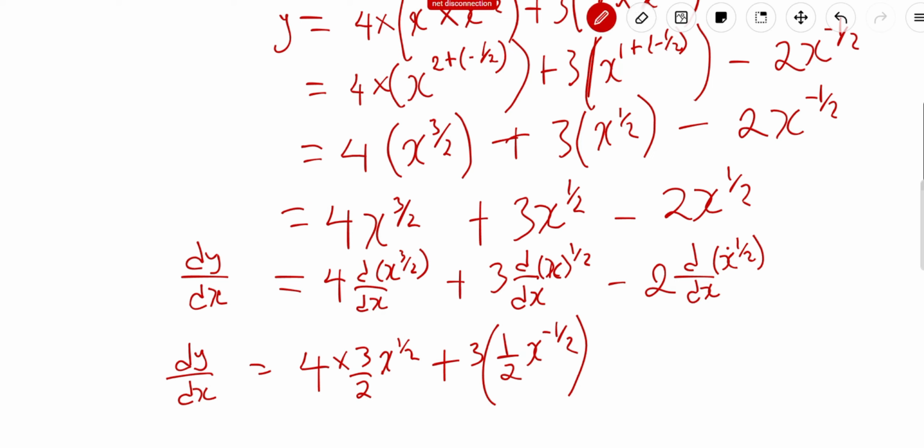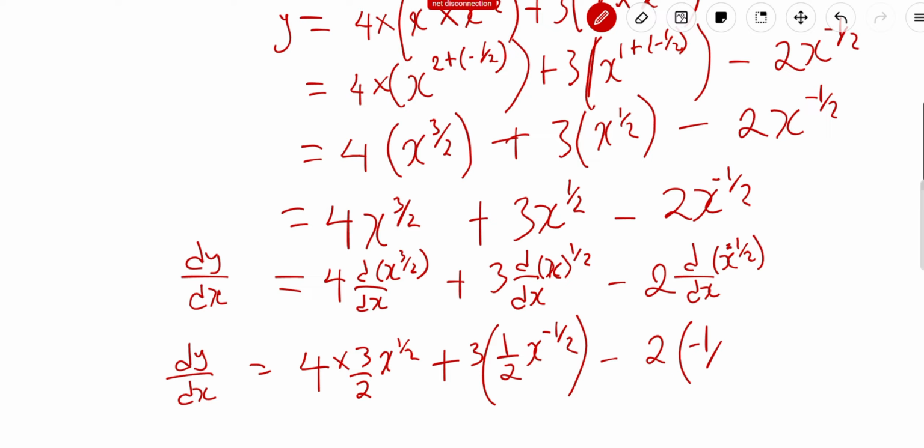And then finally differentiating the last term, sorry, this is negative. Negative sign here.